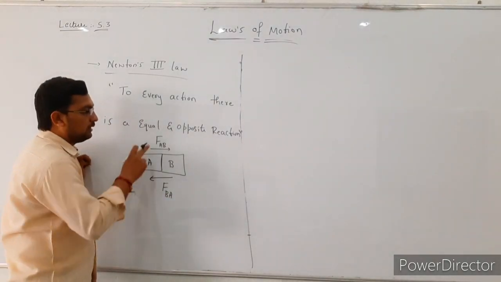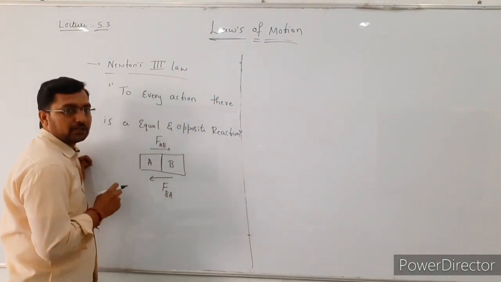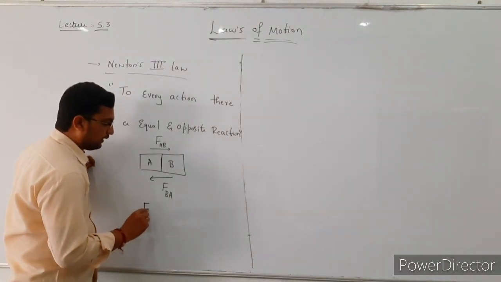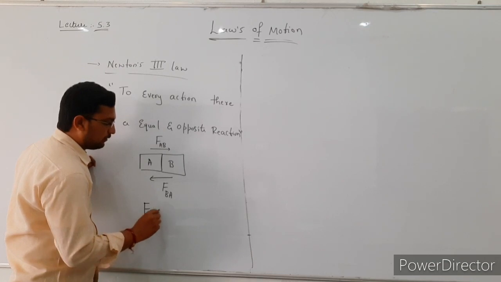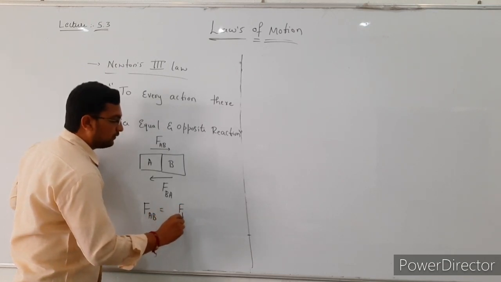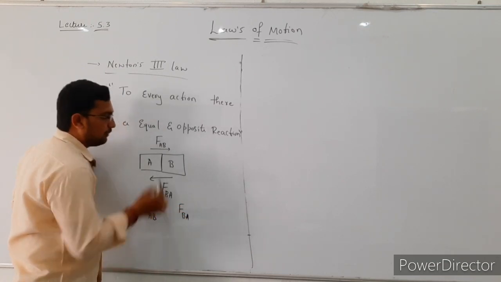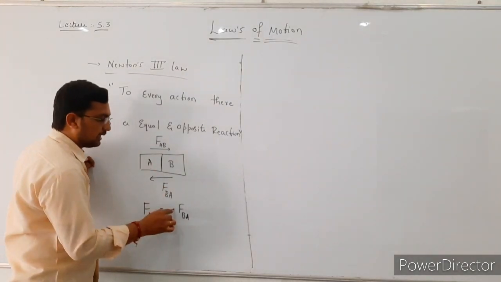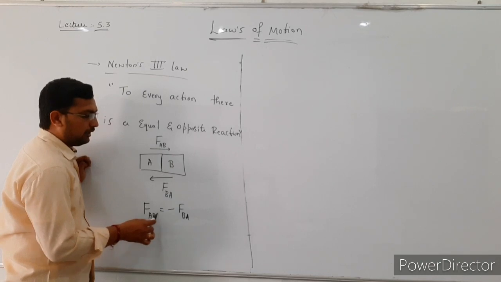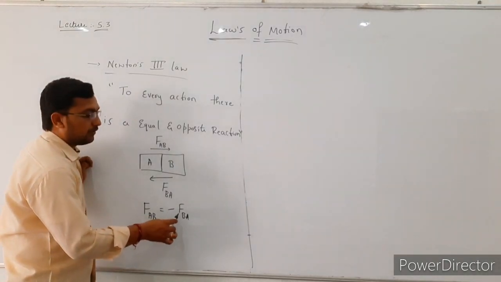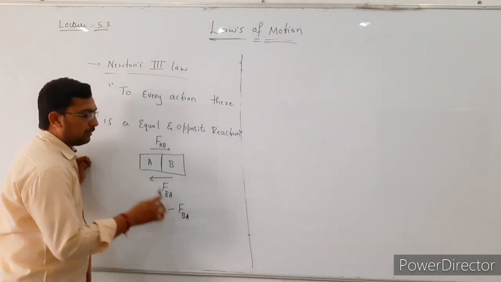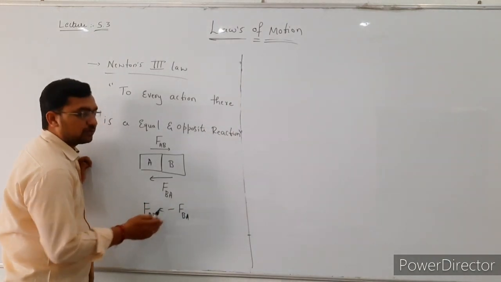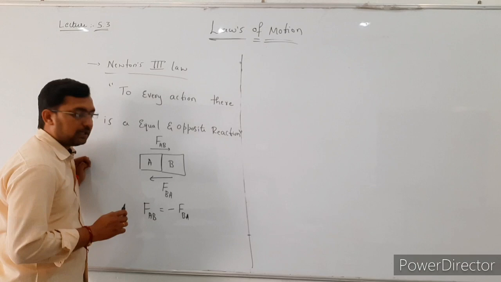So this force is acting in this direction and this force is acting in this direction. Then F of AB is equal to F of BA in magnitude, but both are in opposite directions. So F of AB is equal to minus F of BA. The minus sign indicates that the magnitudes of the forces are the same but in opposite direction.